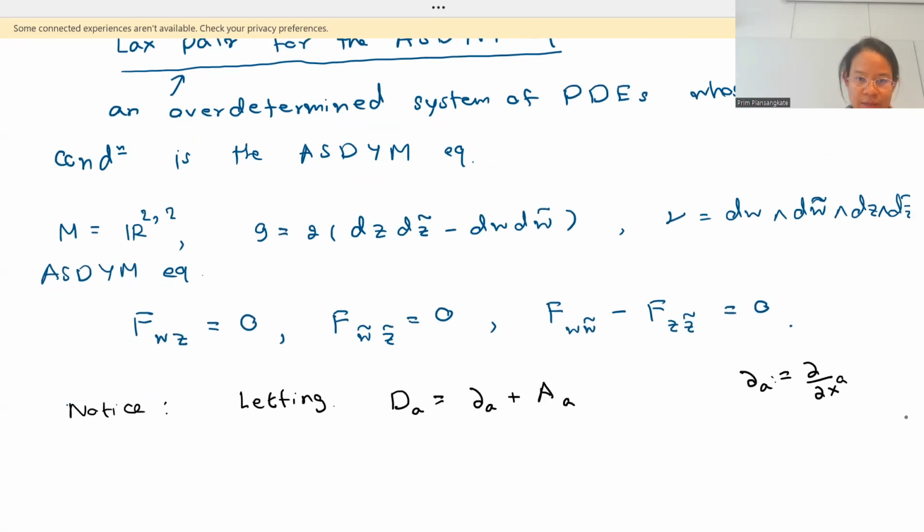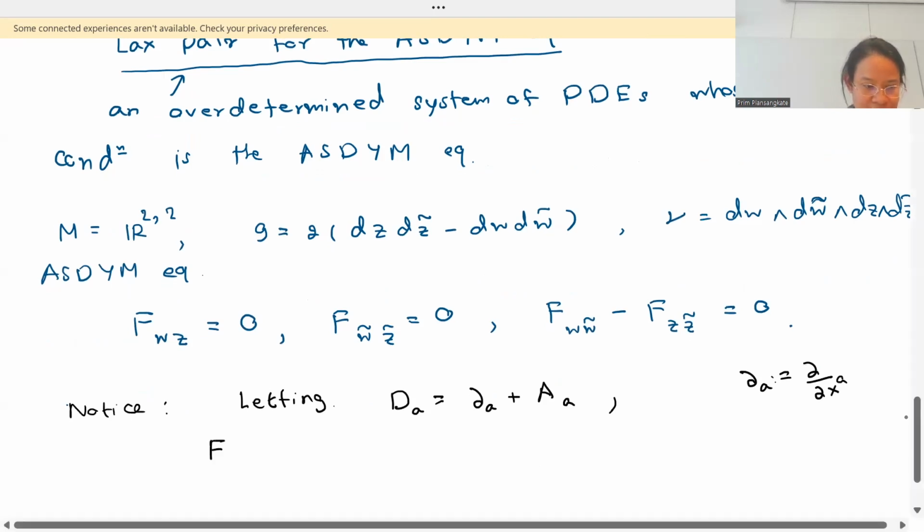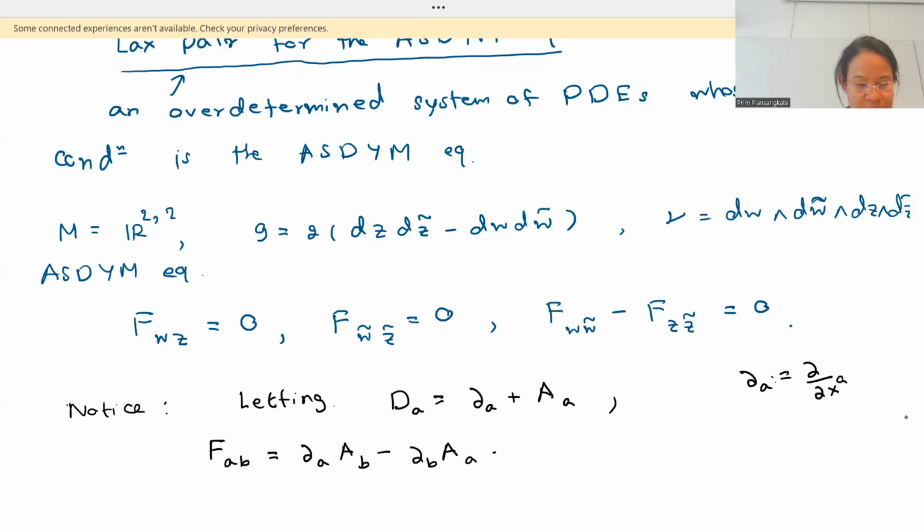So using the symbol, we have the component of the curvature, which is this. We worked it out last time. It can be verified that this is the same as the commutator of this D here.